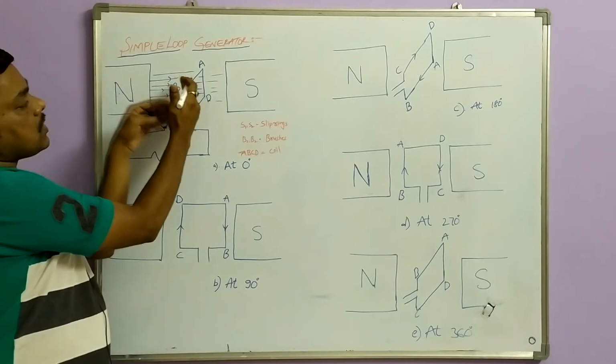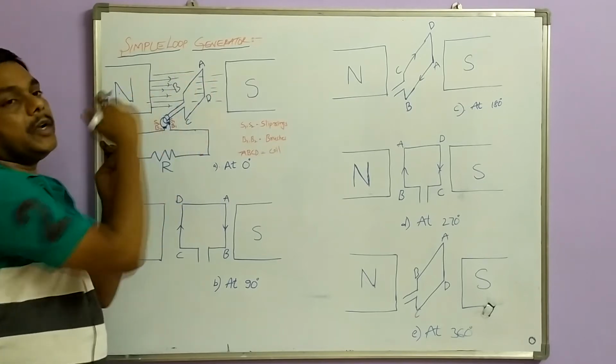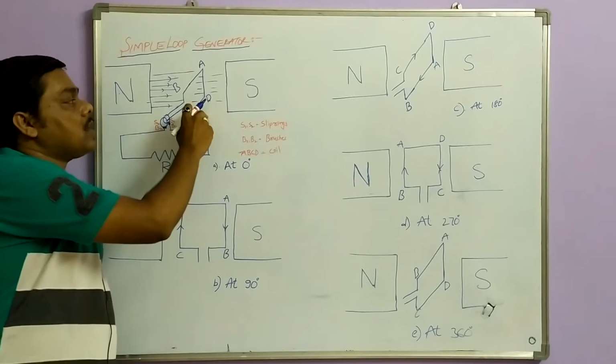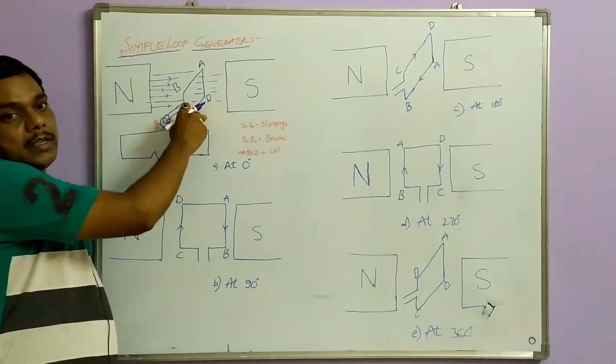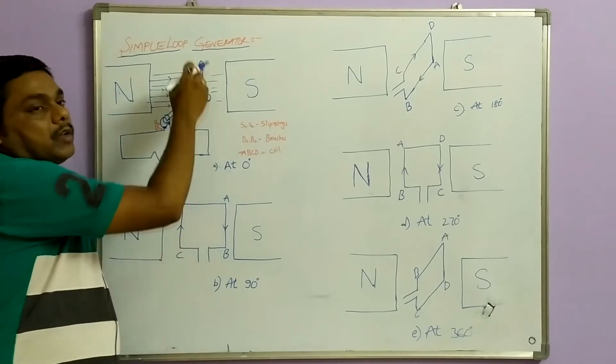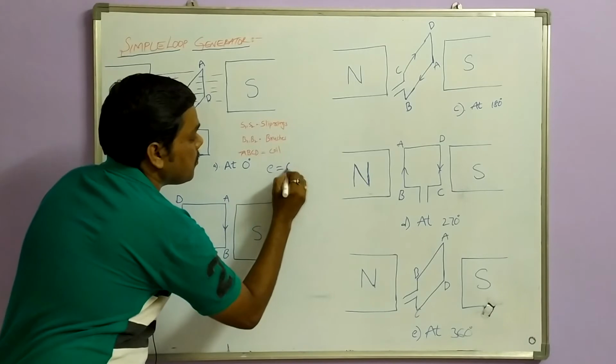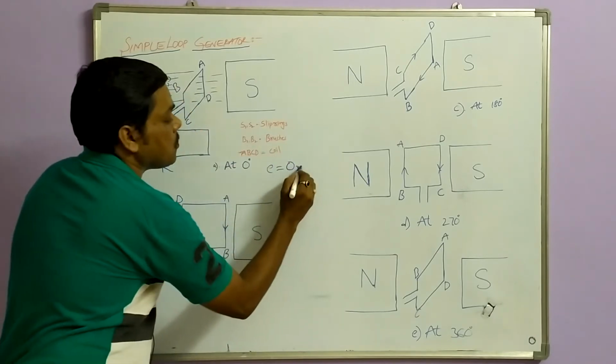If there is a flux cutting action, that means there is a change in flux, the EMF will be induced. But here the flux cutting action is 0, so there is no induced EMF. So at 0 degrees the induced EMF is 0.